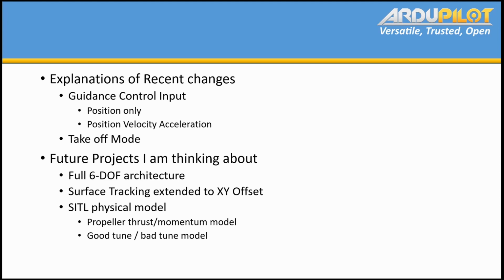Now we have moved from just a position, go to here, and we get there, to being able to specify simultaneously position, velocity, and acceleration. I want to try and explain in this presentation what that means and how that's used.